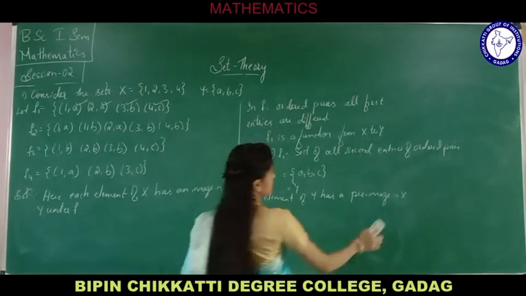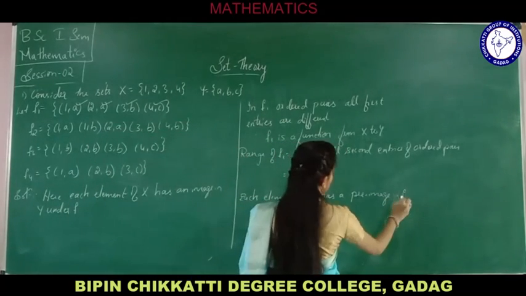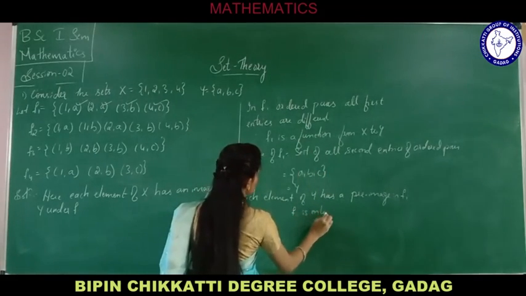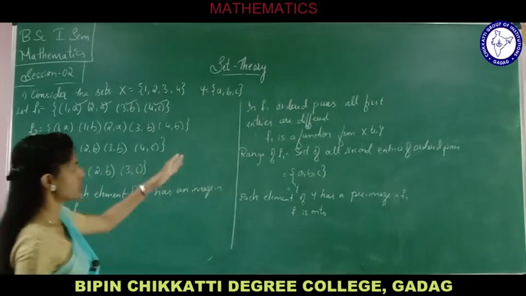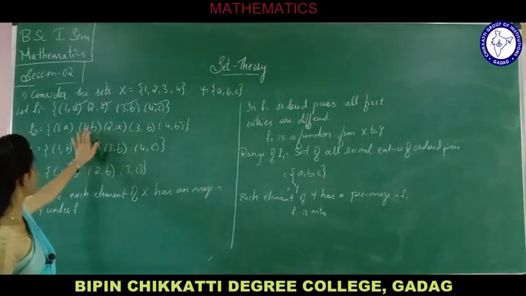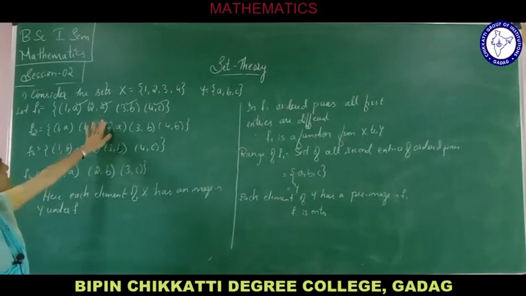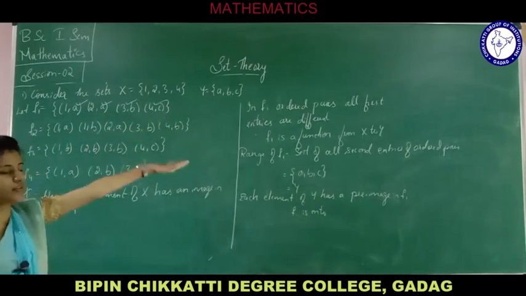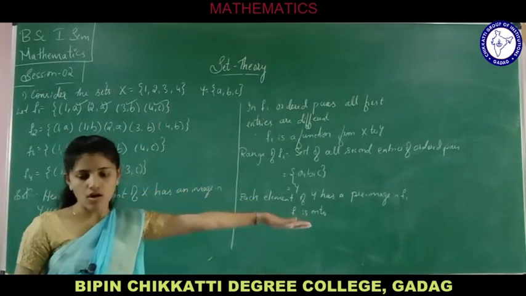Therefore, f1 is onto. See, the ordered pairs are different, so a has its pre-image, b has its pre-image, and c also has its pre-image. Therefore, we say that f1 is onto.